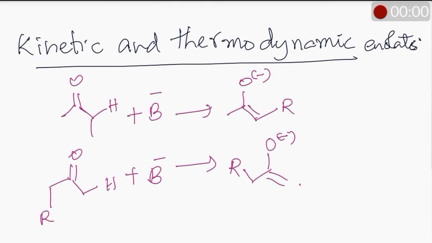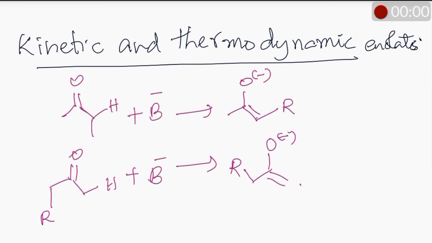And in fact, the generation of the enolates of ketones is at times challenging because they pose a problem in the regioselectivity. Ketones can have enolizable protons on both sides of the carbonyl group.